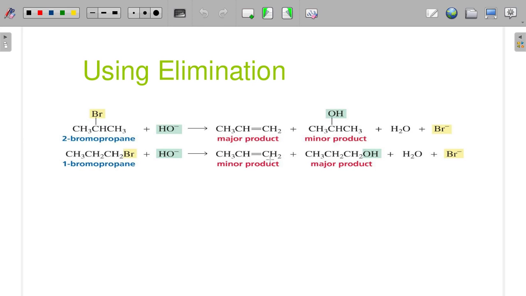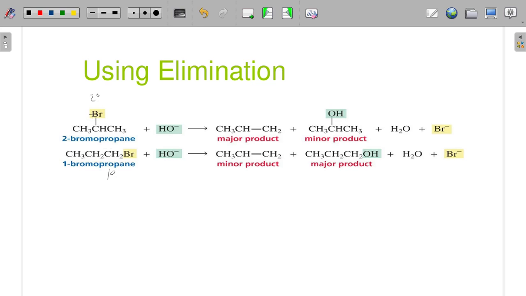What we're showing here is using our elimination to create our alcohols. And what we're focusing on is, while we might want to make an alcohol, choosing our starting ingredients to favor the substitution can benefit us. So what I mean by that, we know this is going to be SN2 because we're using strong nucleophiles. We have a secondary or a primary.